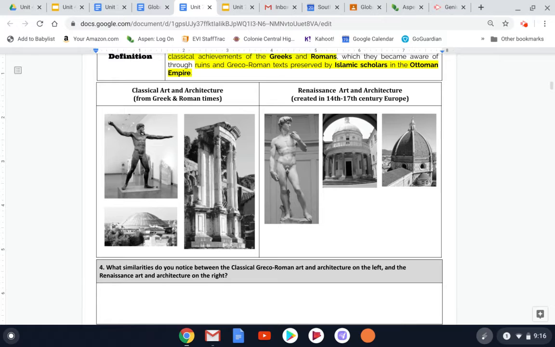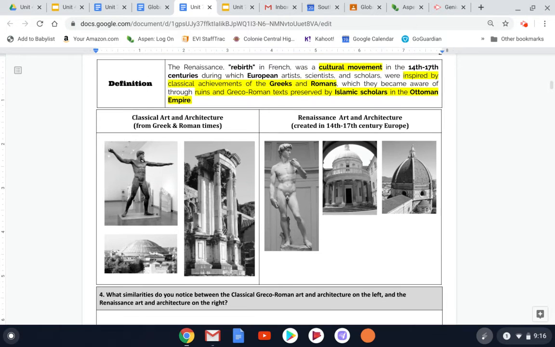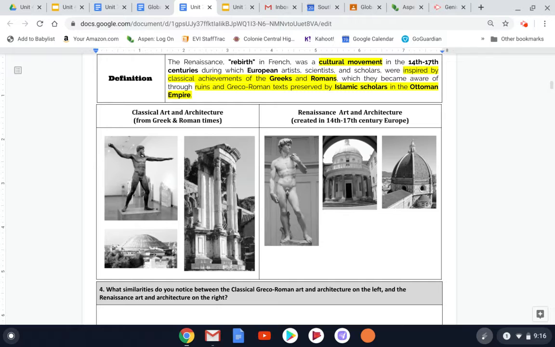All right, so here's some examples of what we are talking about when we think of the cultural items and ideas that the Renaissance are all about. On the left, we have classical art and architecture from Greco-Roman times, Greek and Roman civilization. On the right, we have Renaissance art and architecture.